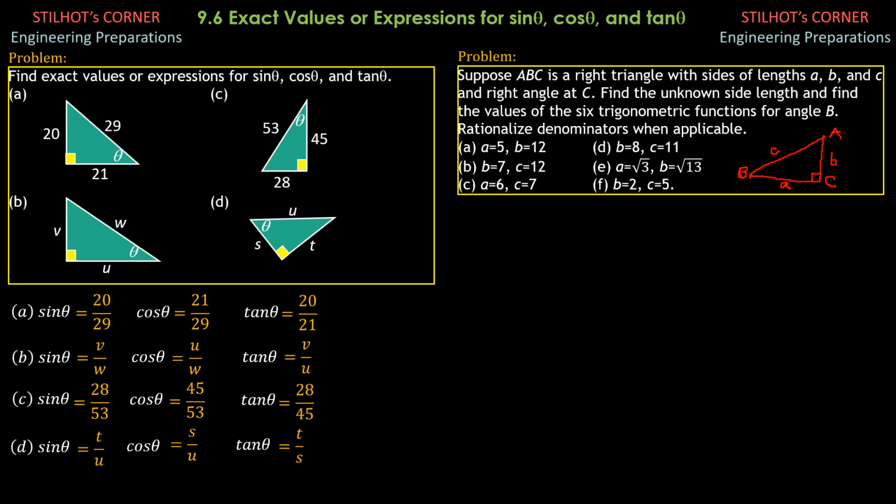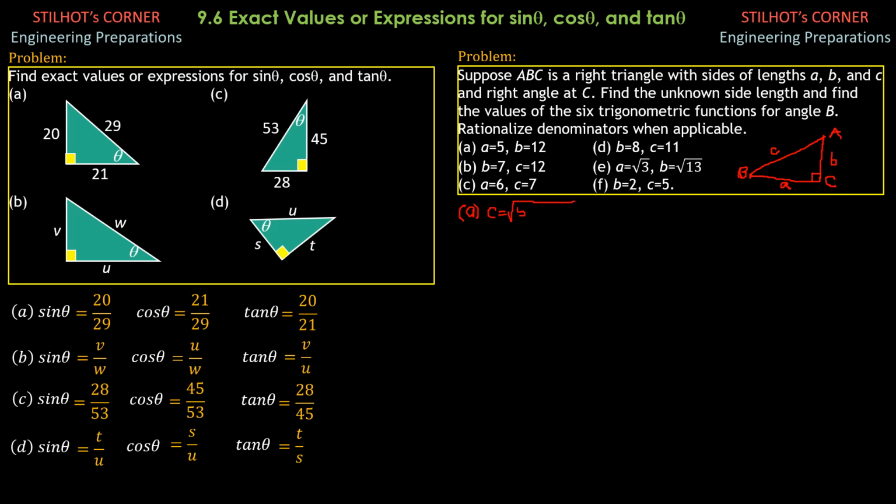And for part a, I'll just use this red colored pen. To solve for c, we use the Pythagorean theorem, and that is c equals the square root of a squared plus b squared.